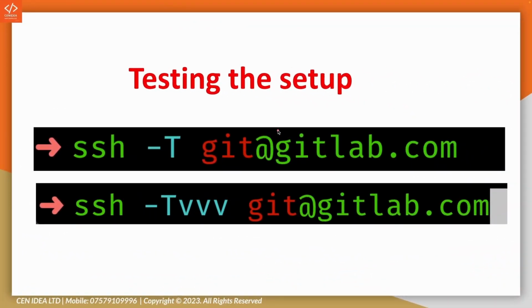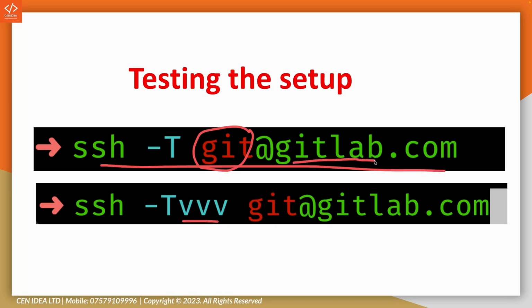And once all the setup is complete, really, all you need to do is to test it out. If you want to use verbose, I don't like this. This -vvv is verbose, but I just use this to test to see if I can connect. So all you really need to say is ssh, and then you put the server you want to connect to.